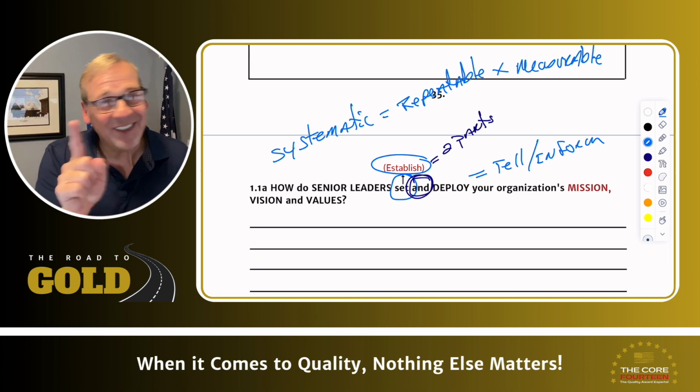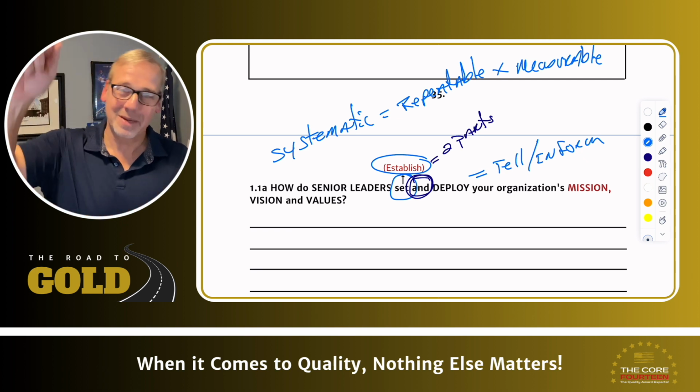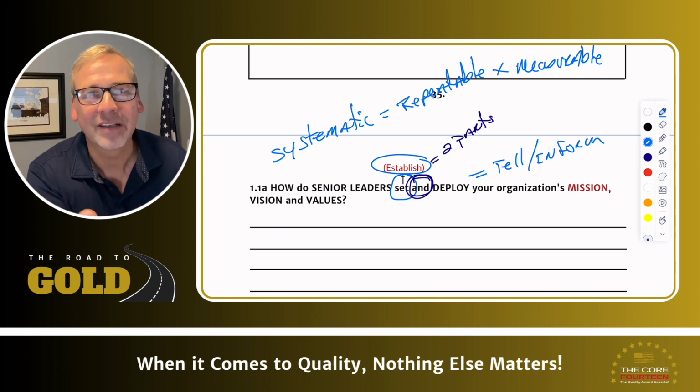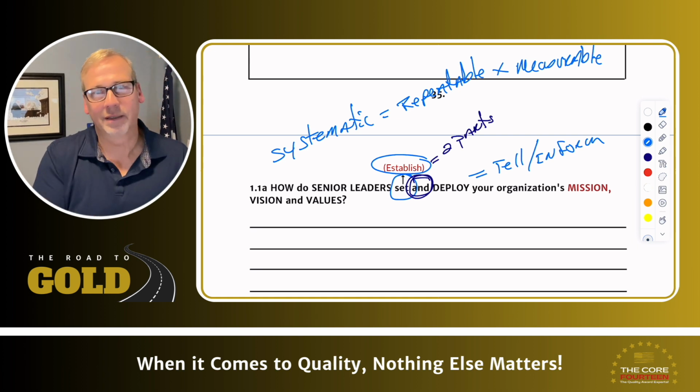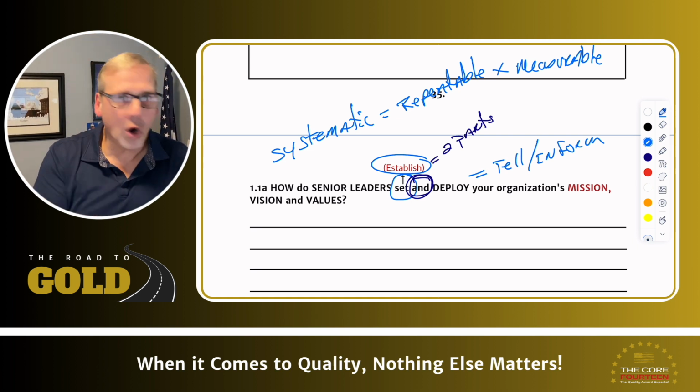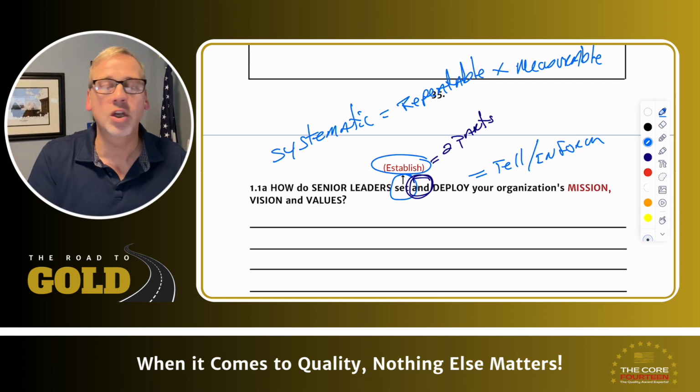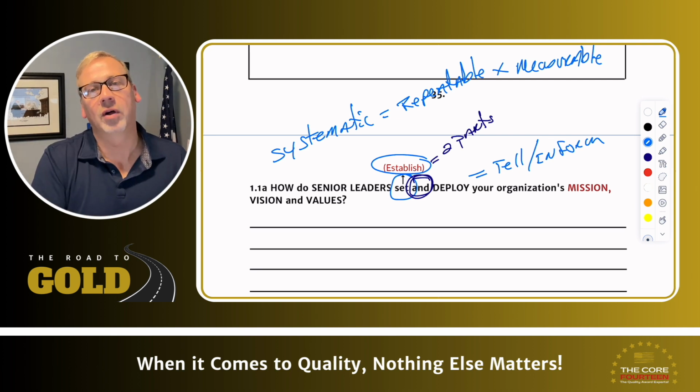And the first thing they go over in the employee handbook is the mission, vision, and values. They are establishing, they are setting the mission, vision. They're starting with it. Like, hey, everybody, you need to know what our mission is here, what our vision is here, and what our core values are. That's how we establish it. We set it in the beginning.